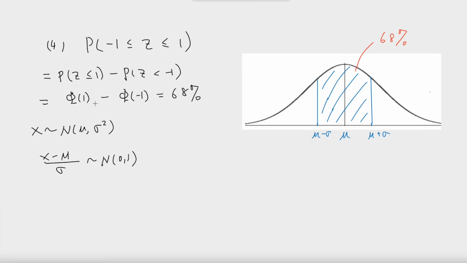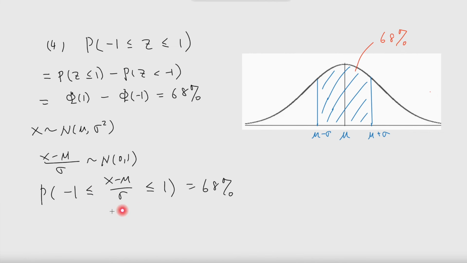So based on what we just proved, the probability that negative 1 is less than or equal to X minus mu divided by sigma, which is less than or equal to 1, is equal to 68%. In other words, because X minus mu divided by sigma is a standard normal, we just showed that the probability a standard normal is between negative 1 and positive 1 is 68%.